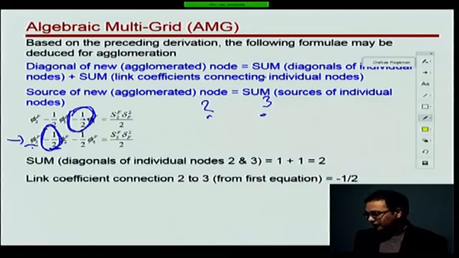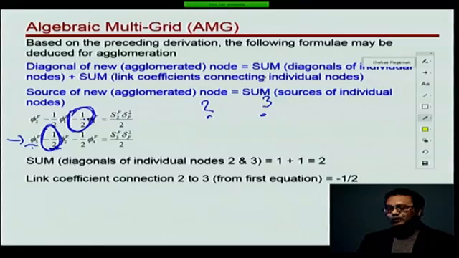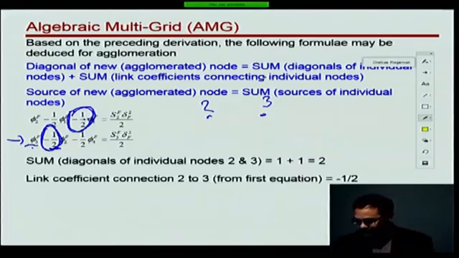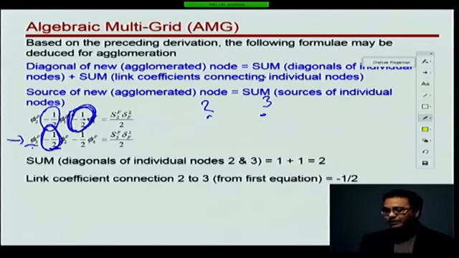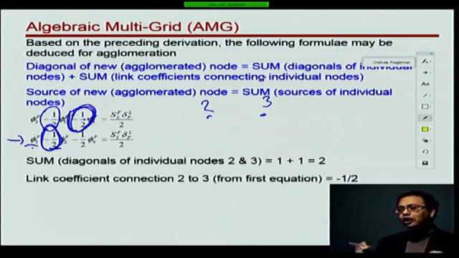Now, these are called link coefficients because they link the nodes to each other, and their magnitudes represent how strong that link is. So suppose one of these links was 50 and the other link was 20. That means node 2 is going to be influenced by node 3 a lot more strongly than by node 1.